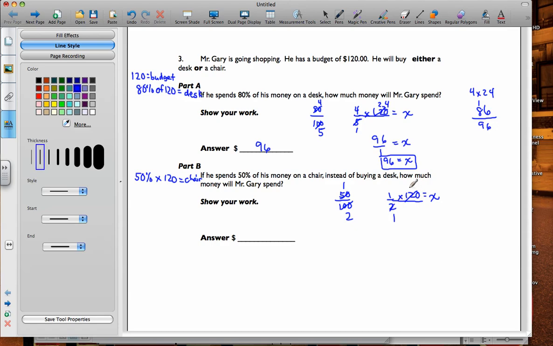2 goes into 1, no times, 2 goes into 12 twice with remainder 0, 2 goes into 0, 0 times, so you have remainder 0, so you're good. 1 times 20 is 20, all over 1 equals 20.